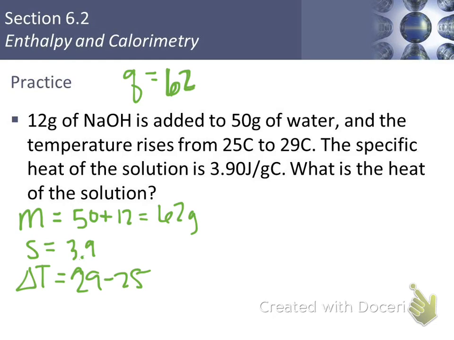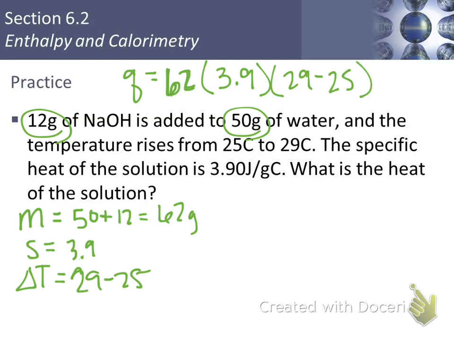M, which is both of our masses added together, right? 12 grams plus 50 grams, times the specific heat of the solution, 3.9, times delta T, which we said was 29 minus 25. So you can plug that in. So you don't want us to actually subtract? Yeah, you can go ahead and just plug in a 4 there if you want. That's fine. I just usually don't take the time to do that ahead of time.